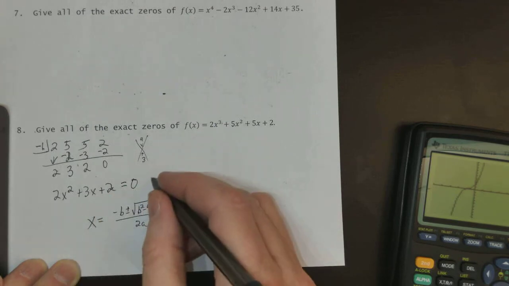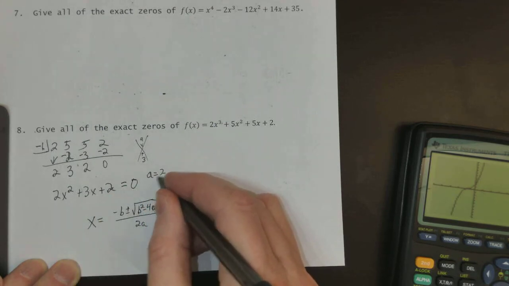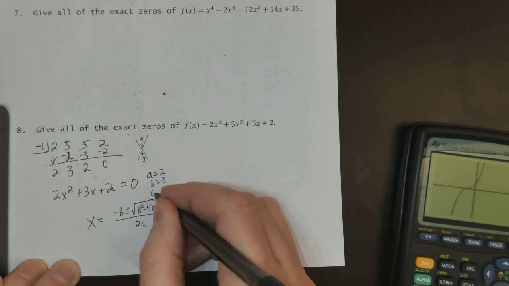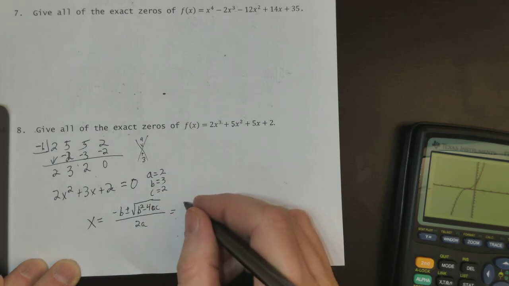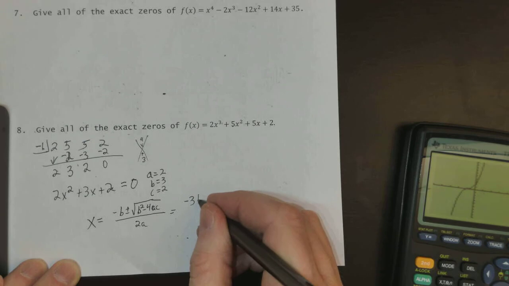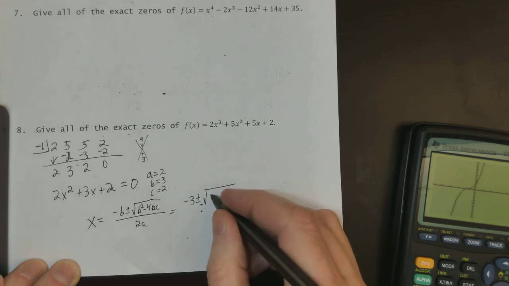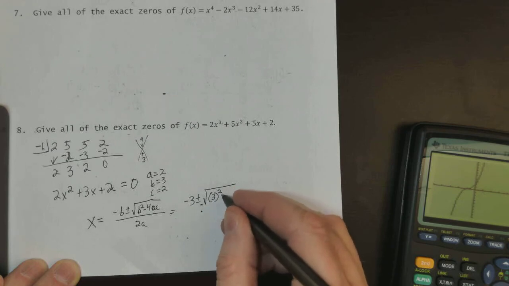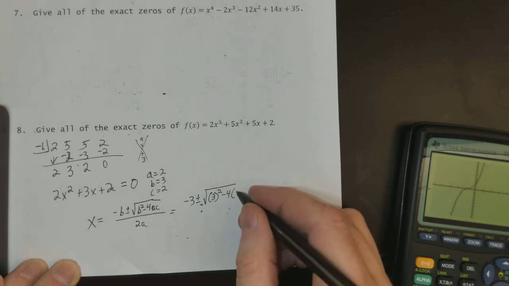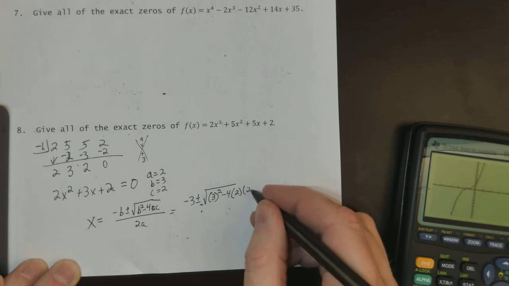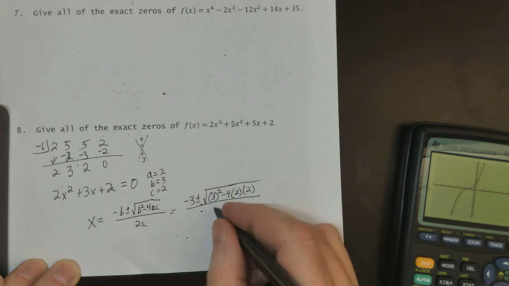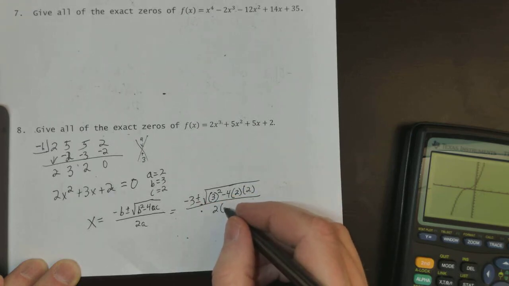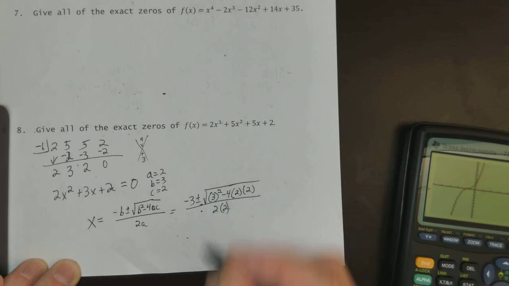And a here is 2, b is 3, and c is 2. So it's -3 plus or minus the square root of 3 squared minus 4 times 2 over 2 times 2a, 2.